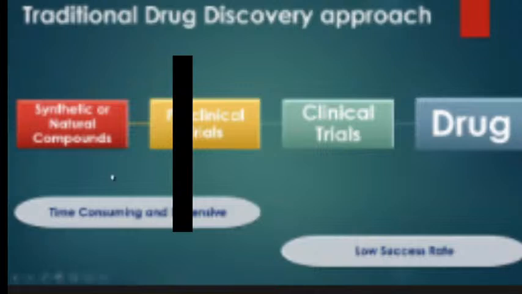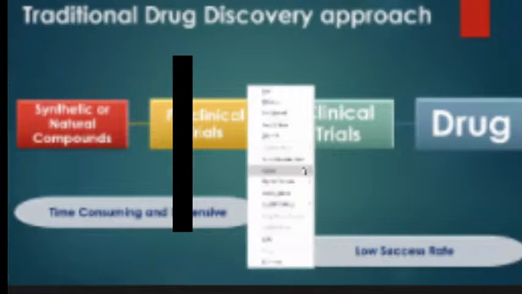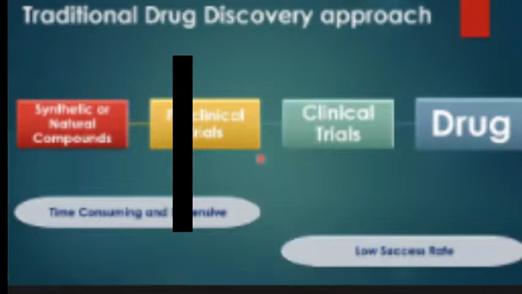After this process, the next step comes: preclinical trials. Preclinical trial is carrying out different pharmacological, biological activities, microbial activities. Then come clinical trials in humans. Preclinical is whatever you are doing, identifying toxicity, identifying its activity, all those come under the umbrella of preclinical trials.